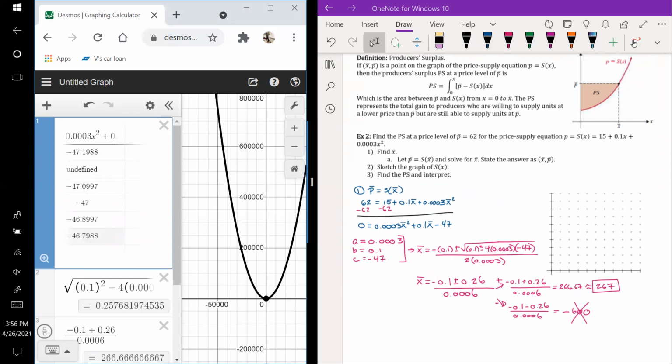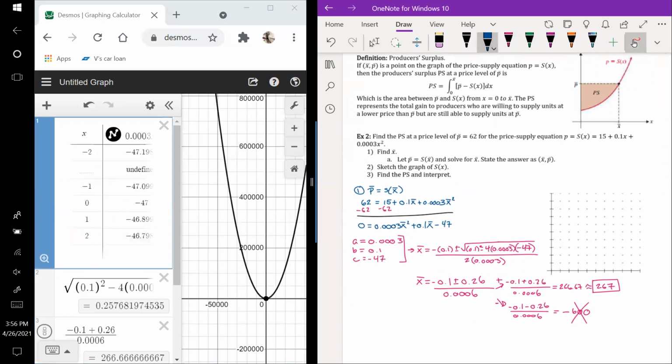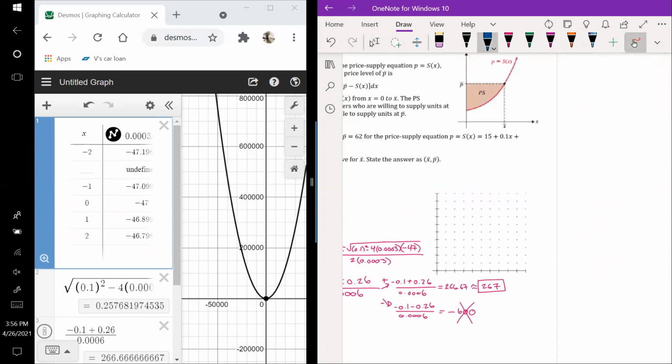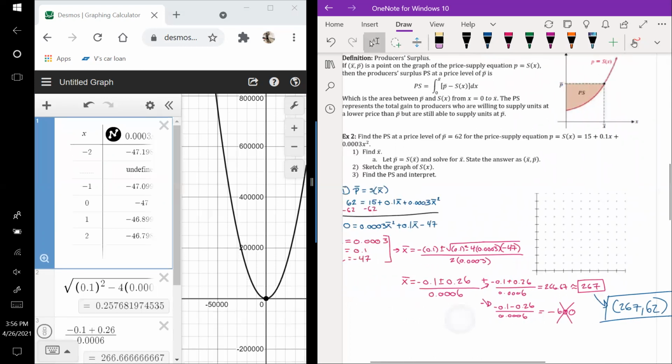Okay, which means to finish up number one, we found the point, and this is going to be our X bar, P bar point. So this becomes 267 and 62. There we go. Okay, and now we're going to graph it. So we'll make an XY chart. So there's step 2.